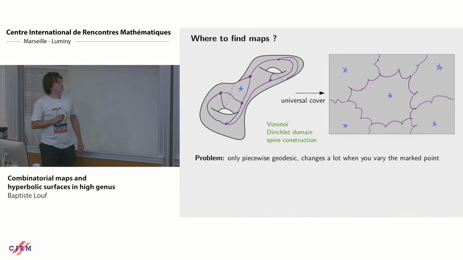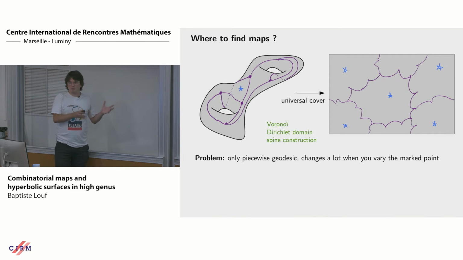However, the problem is that this thing is piecewise geodesic. The edges are geodesic, but there's no reason why the angles would be pi. And if you want a cycle in my map, sometimes it goes through several vertices, and if at these vertices the angles are not pi, it cannot be a simple closed geodesic. Also, I can do this with one point in my surface, but then I can do it anywhere, and this map will vary a lot.